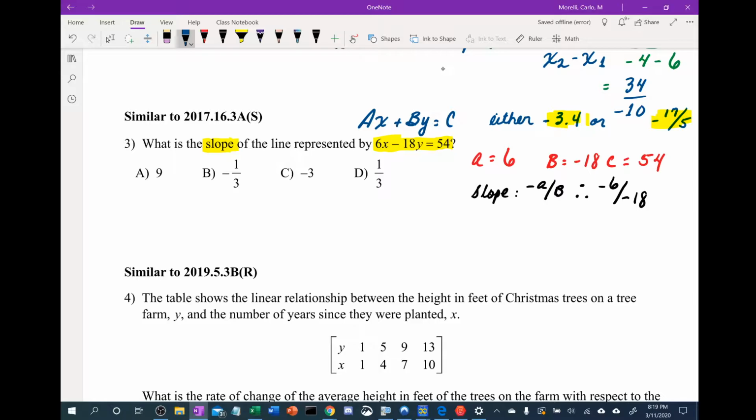I've kind of lost my track there. So -6 divided by -6 equals 1. -18 divided by -6 equals +3. So your reduced fraction is 1/3.